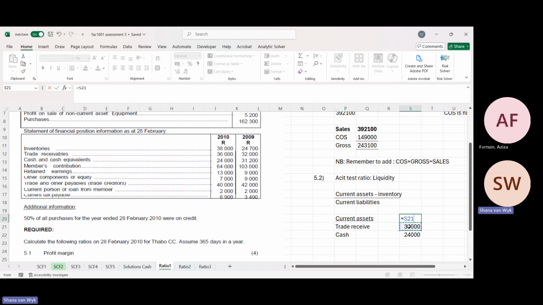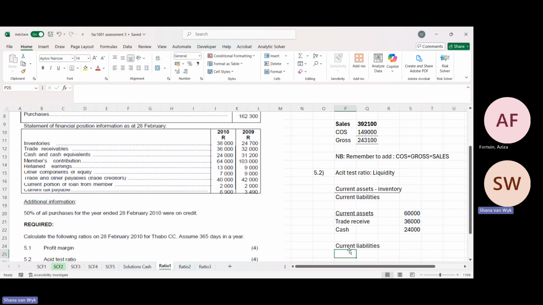So we need this plus this. The current liabilities is gonna be trade payables, which is 40,000.